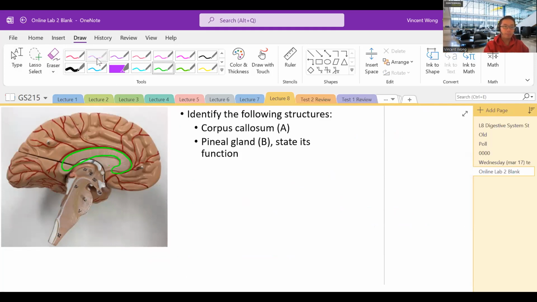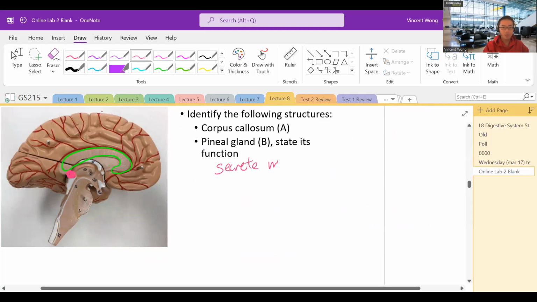Pineal gland. It was just mentioned in the lecture notes. I don't think I talked too much about it in the tutorial, but there's your pineal gland. The function of pineal gland is to secrete melatonin. What does melatonin help you do? Sleep.